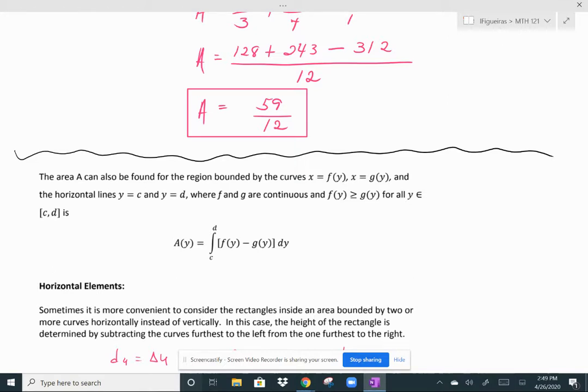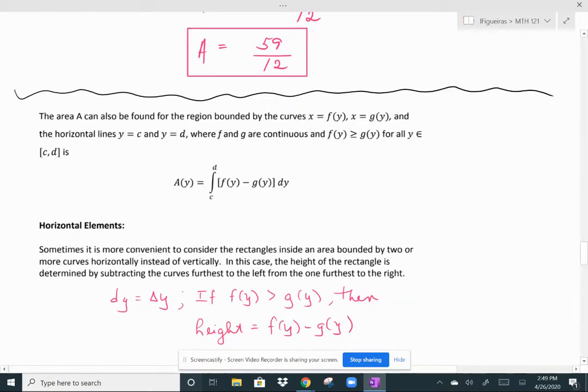Okay, so we're kind of looking at this opposite of what we were doing with the previous examples. We're looking at this in terms of horizontal elements. So in other words, your representative rectangles will not be vertical. They will be going from left to right. And so when you're determining the order of how to subtract, this will now be considered the length.